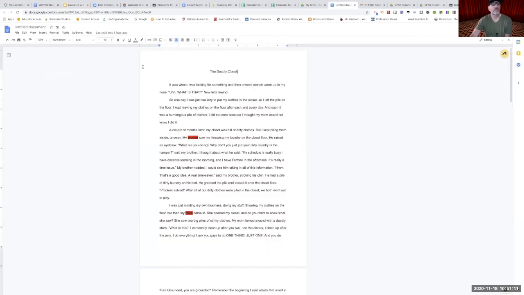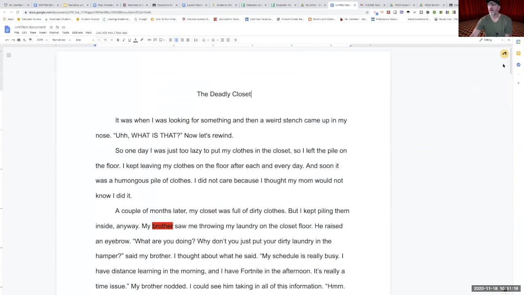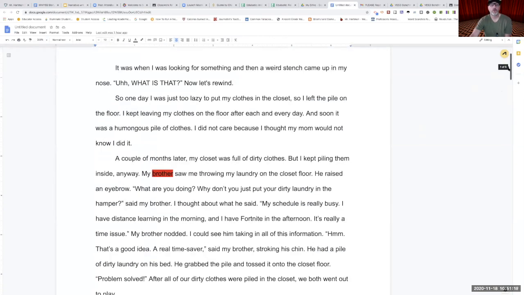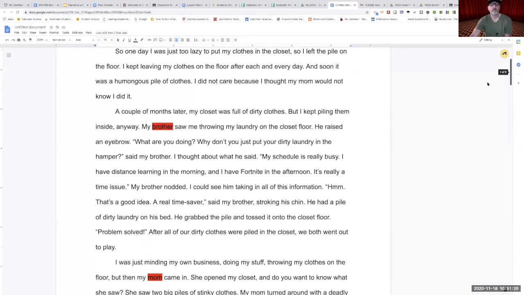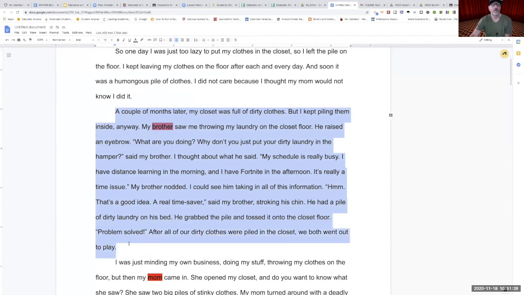We looked at the deadly closet for what others around us were doing. This paragraph was not nearly as lengthy as it is now. All we did was discuss more about what the brother was saying and doing, so we just added some dialogue.